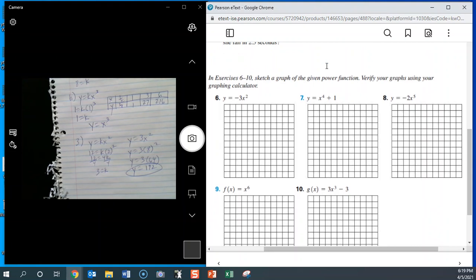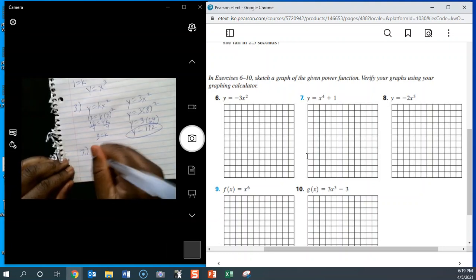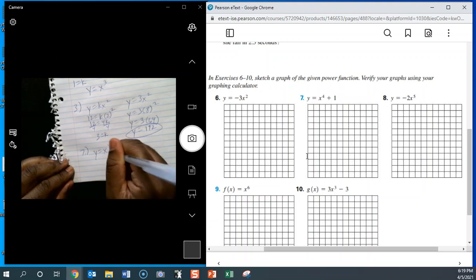Okay, now it says in exercises 6 through 10, sketch a graph of the given power function. Verify your graphs using your graphing calculator. Okay, listen. You could just put this in your calculator to verify your graph, because it's better to look at it in the calculator. So let me write down number 7. We have y is equal to x to the 4th plus 1.